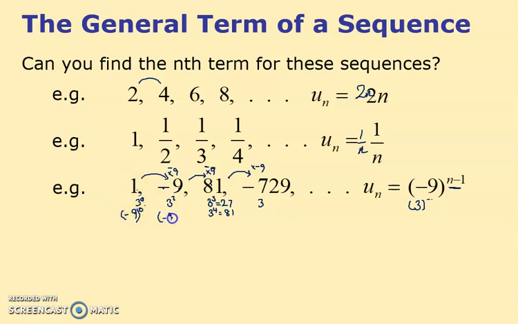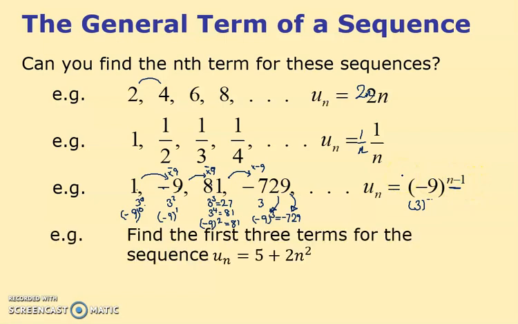And minus 9 to the 1 is minus 9. Minus 9 to the 2 is 81. And minus 9 to the 3 is minus 729. Notice, on the fourth term we've had to do minus 9 to the 3, so the fourth term is to the power of 3. That's why it's to the power of n minus 1 here.